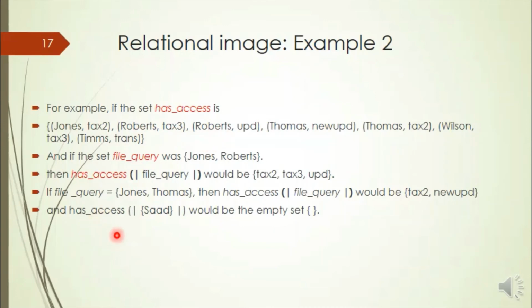Similarly, if we want to know the access of files for Saad, we input it as a second argument in the form of a set in the relational image operator, and Saad is not appearing in the has access table or in the has access relational ordered pairs. So the output set would be an empty set.